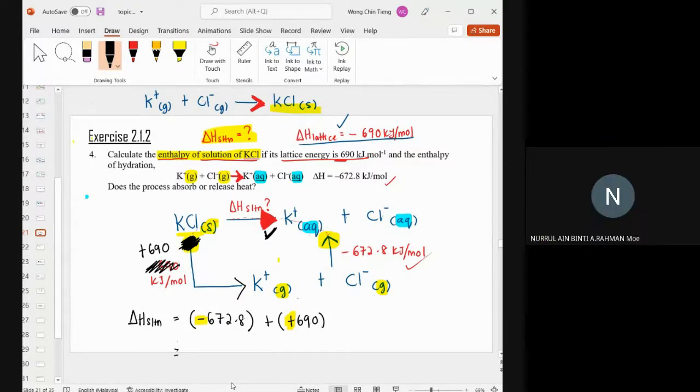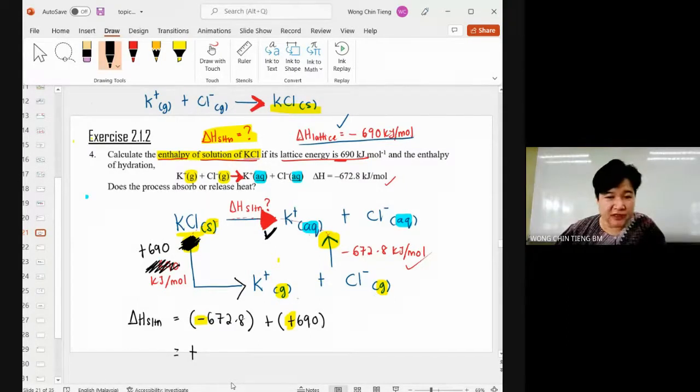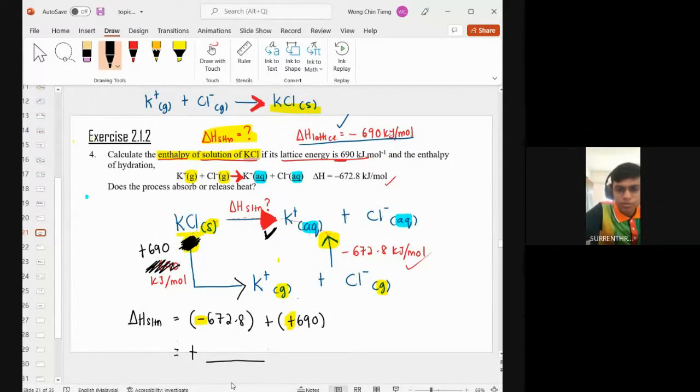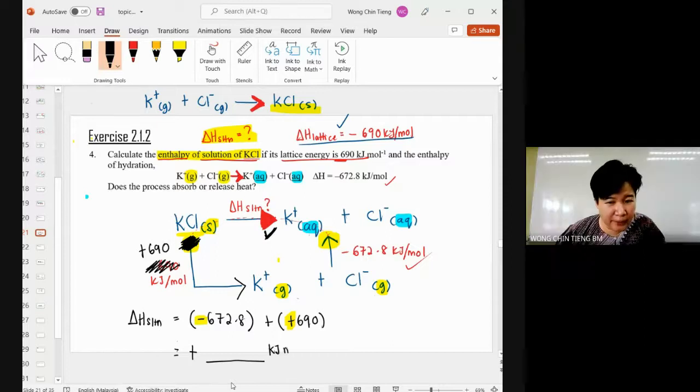Positif. Next question. Unit? Enthalpy of solution. Kilojoule per mole, because it's an enthalpy of solution. We know that the 1 mole is over here. See that? Clear? Okay.